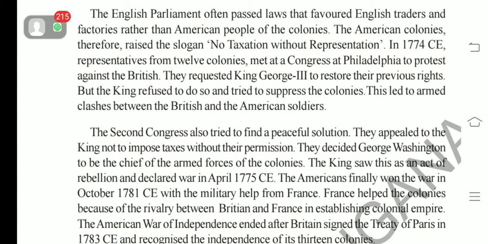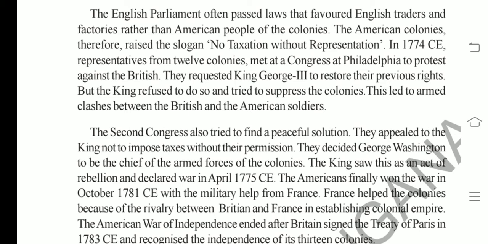Understand? So there they decided that George Washington would be the leader and chief of the armed forces of the 13 colonies. In the second Congress held at Philadelphia, the representatives of the colonies met. Philadelphia is a city in America.